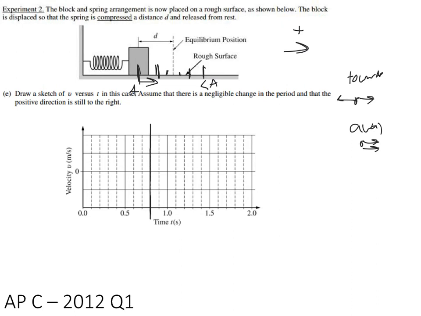So the max velocity doesn't really matter. So let's say that it reaches the maximum right here. So the graph's gonna, okay, let me actually get my bearings. 1, 2, 3, that's halfway. Alright, so it's gonna go up like this, but here it's probably only gonna reach over here now.